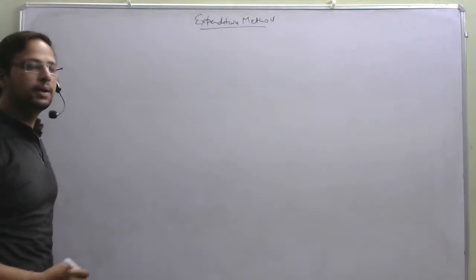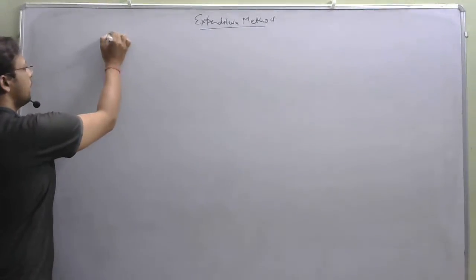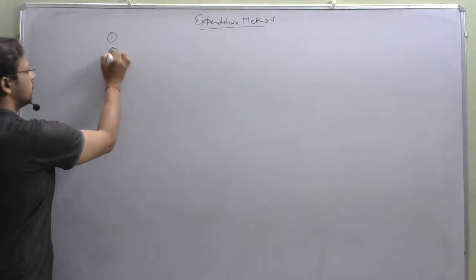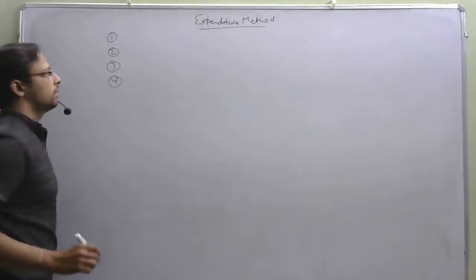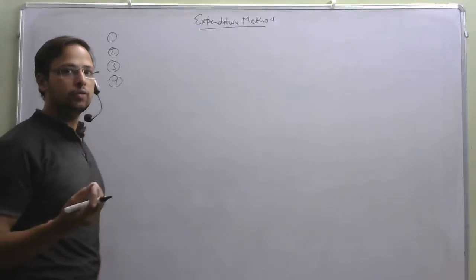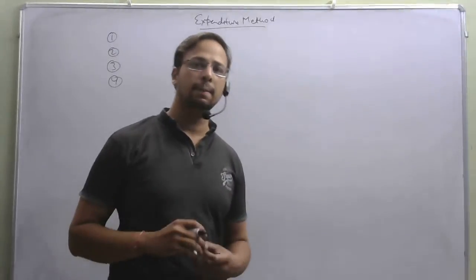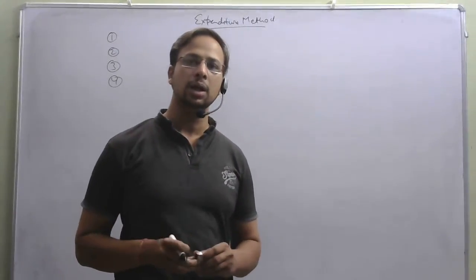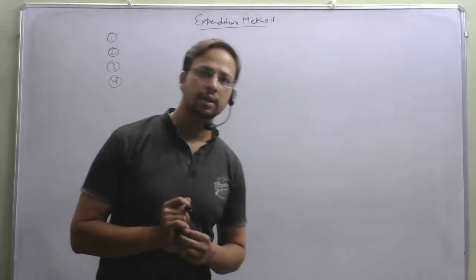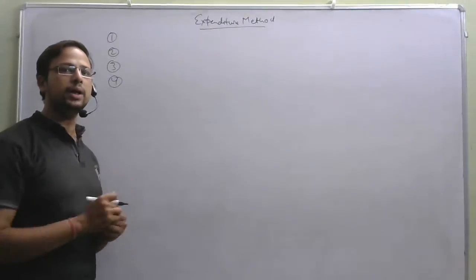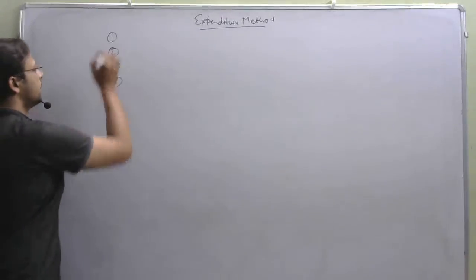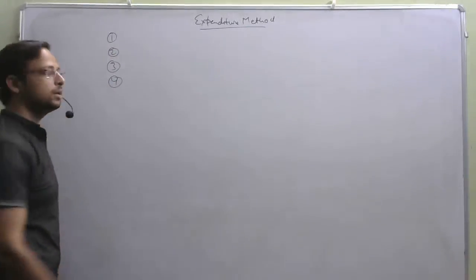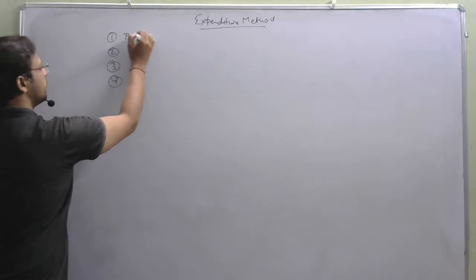See, in the expenditure method, there are basically four heads. It is the sum total of the expenditure done by the people in the economy, right? And that is how we calculate national income. The first head of the expenditure method is private final consumption expenditure.